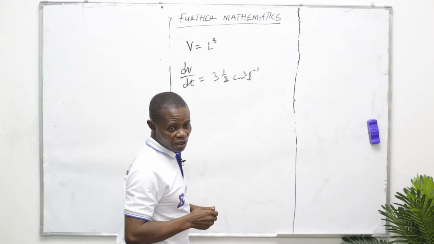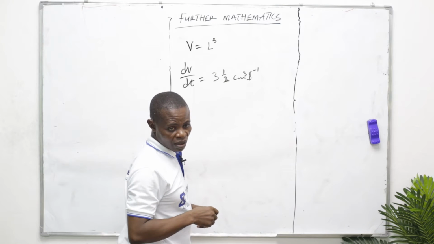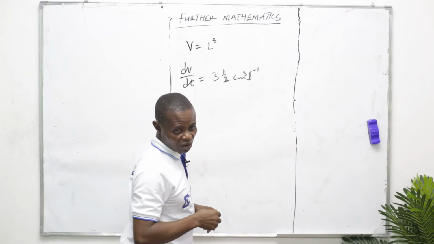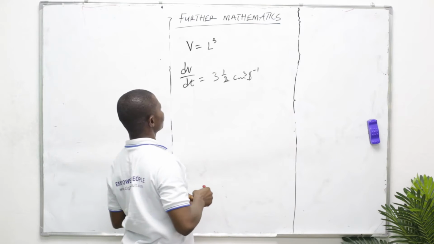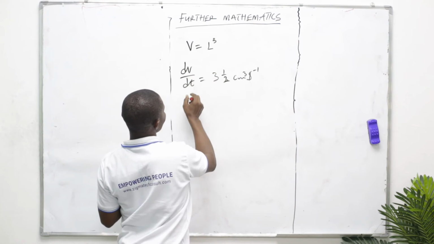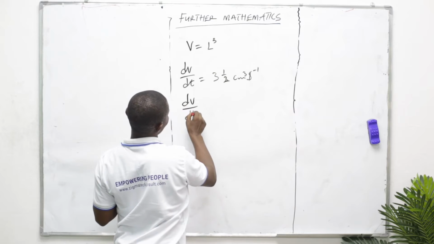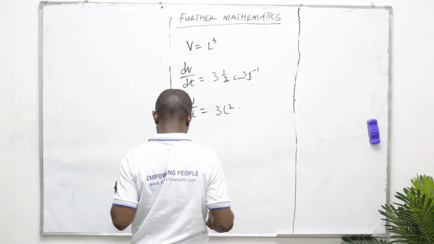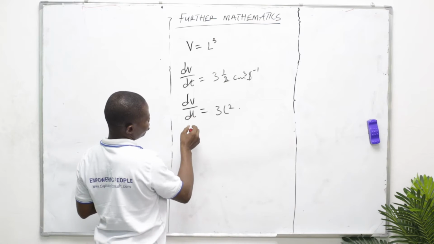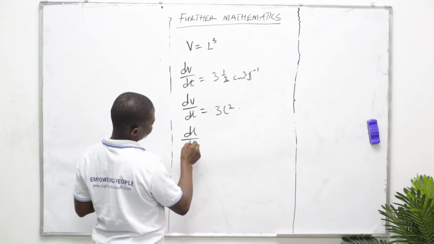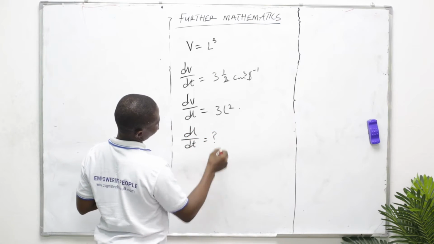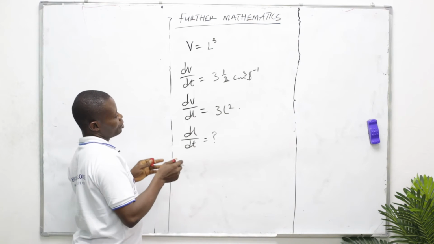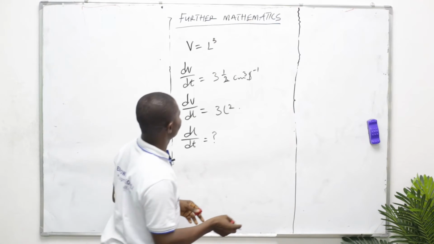Then find the rate of change of the length, if the length is 6 cm. Okay, now dV dl equals 3L squared. Now dl dt equals question mark. We don't know the dl dt. It means we are looking for the dl dt.